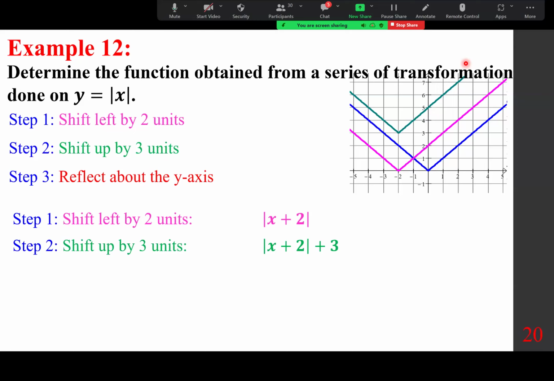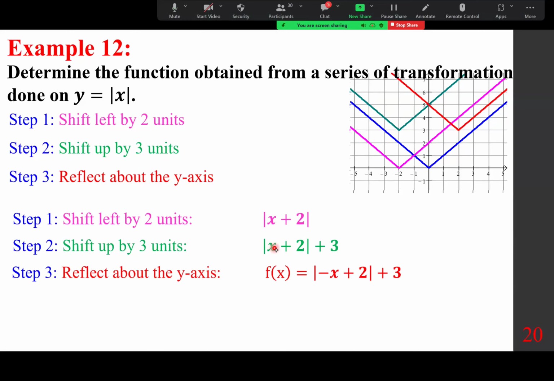Finally, we want to reflect it about the y-axis, which means you are going to change the x to minus x. If you look at the green one with respect to the y-axis, it becomes the red one.